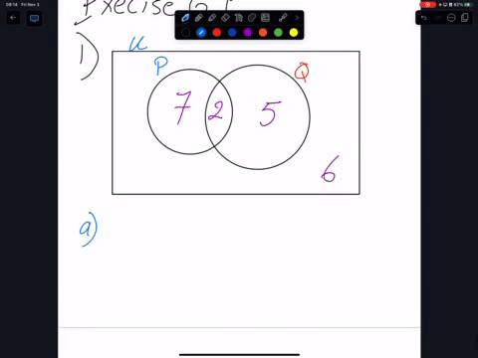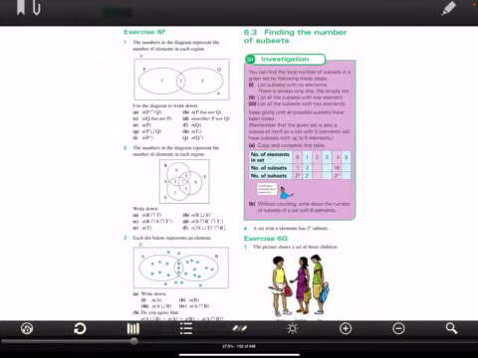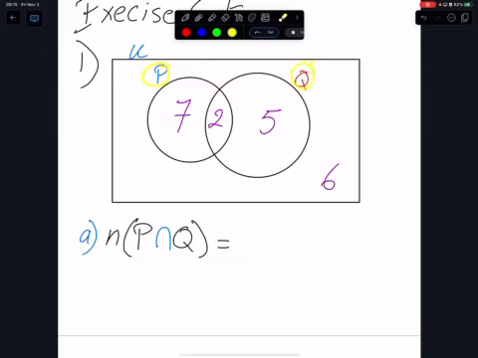So looking at this Venn diagram, the first question states P intersecting with Q. So when we look at P intersecting with Q, you have to look at the numbers that are the same in P as in Q. So you have to look in the middle.